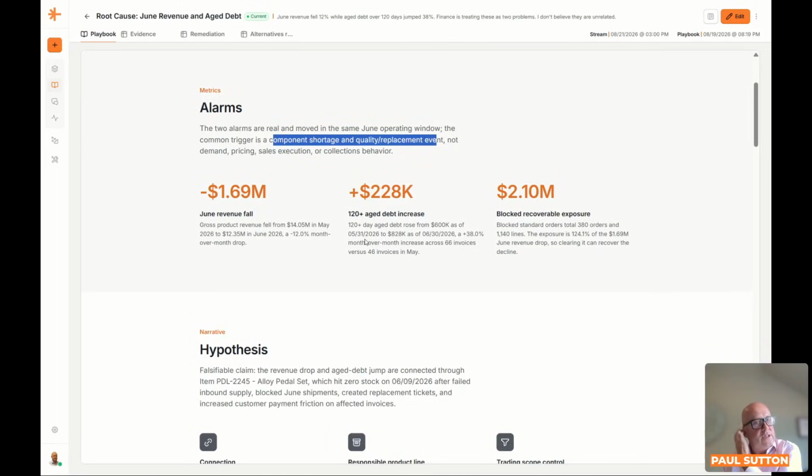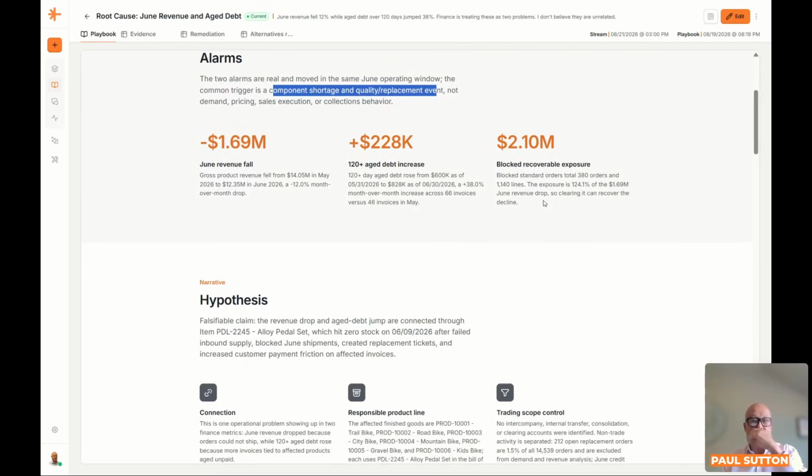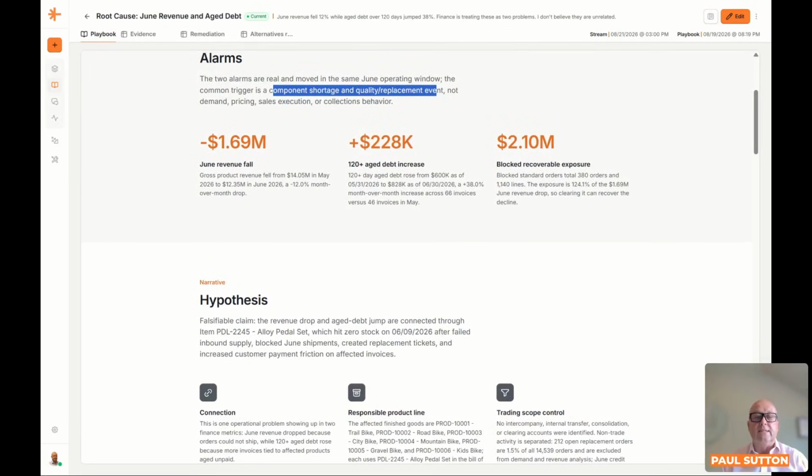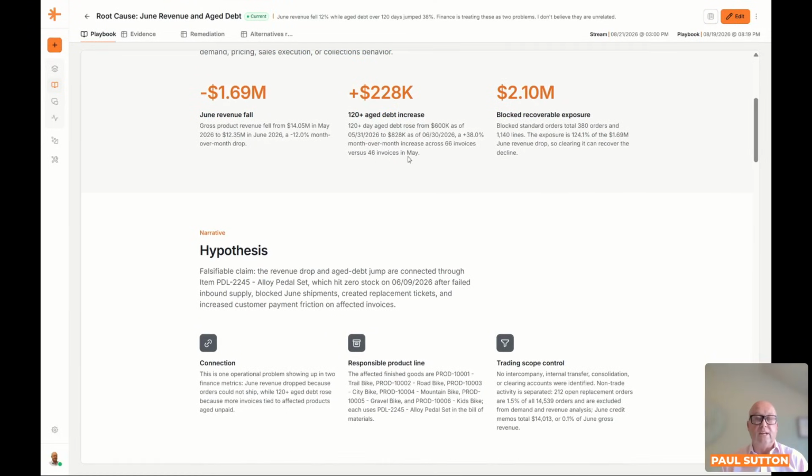Yes, collections, aged debt did increase. But also the bit that maybe you wouldn't see in a conventional report or dashboard is that the reason that happened was that 380 blocked orders failed to be delivered. So we have a problem that's deeper than what's showing up in the sales number, and we have a problem in our inventory and in our warehouse.